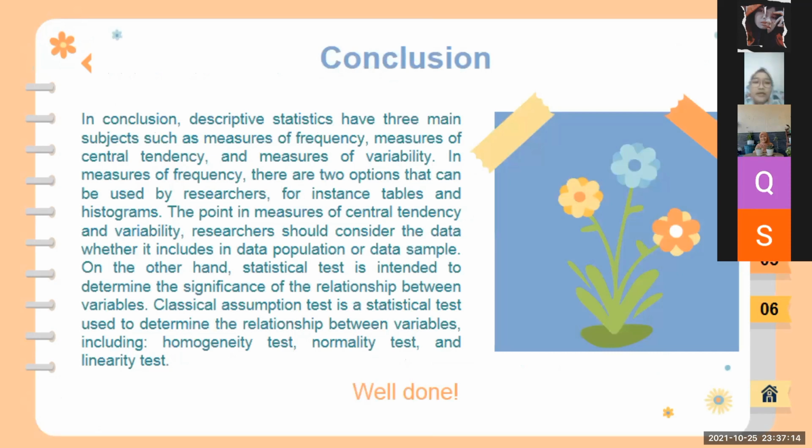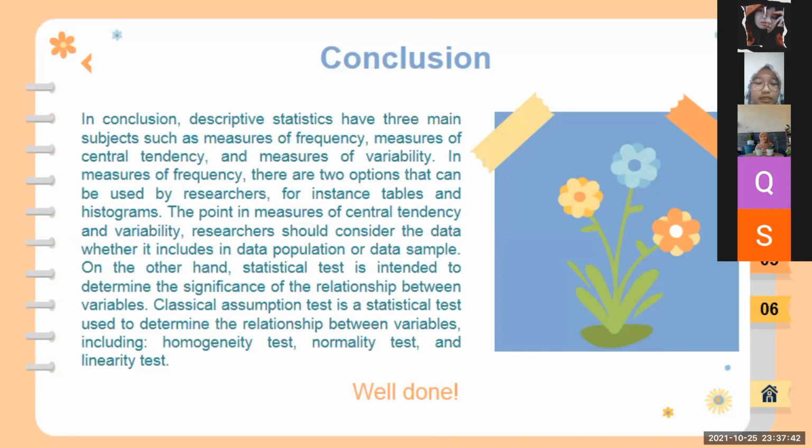So the conclusion is that descriptive statistics have three main subjects: measure of frequency, measure of central tendency, and measure of variability. In measure of frequency, there are two options that can be used by researchers, for instance tables and histograms.